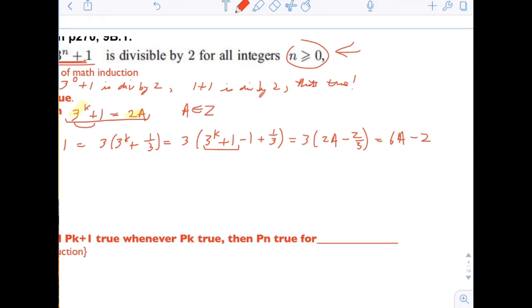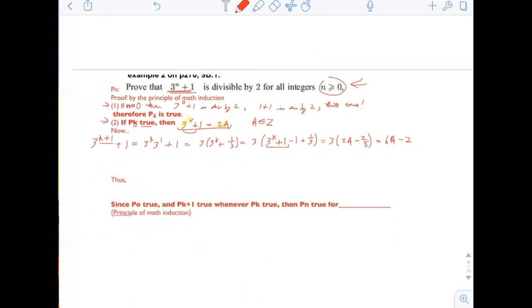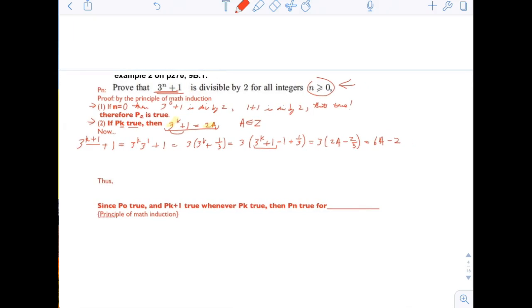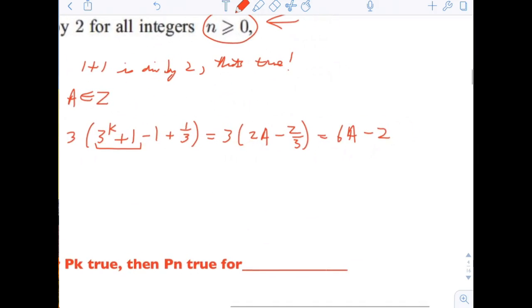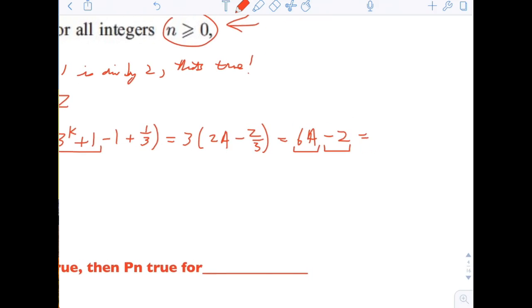So let's see, what we're trying to do is to prove that 3 to the k plus 1 plus 1 is divisible by 2. And the number that we have equated it to, which is 6 times an integer minus 2, is also divisible by 2, because we could factor out a 2 here, and then we'd end up with 2 multiplied by the quantity 3a minus 1, and this is an integer, right?